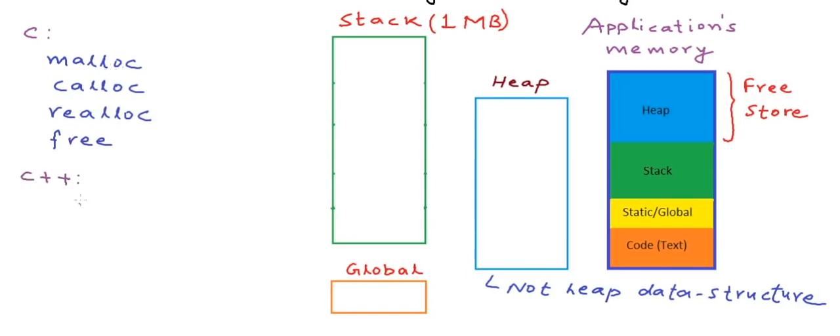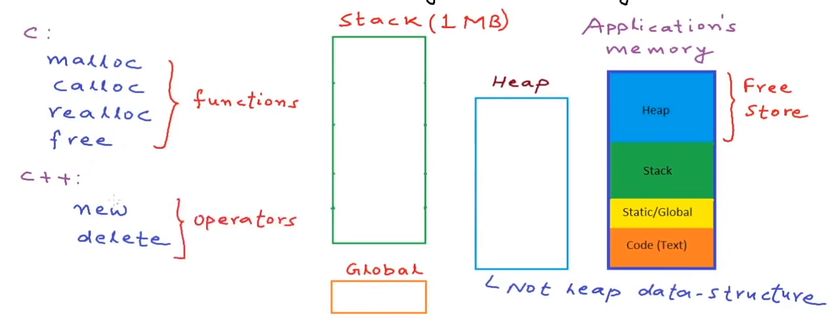To use dynamic memory in C++, we need to know about 2 operators: new and delete. These 4 functions can also be used in C++ because C++ has backward compatibility. It is only a superset of C, but C++ programmers mostly use these 2 operators, new and delete.